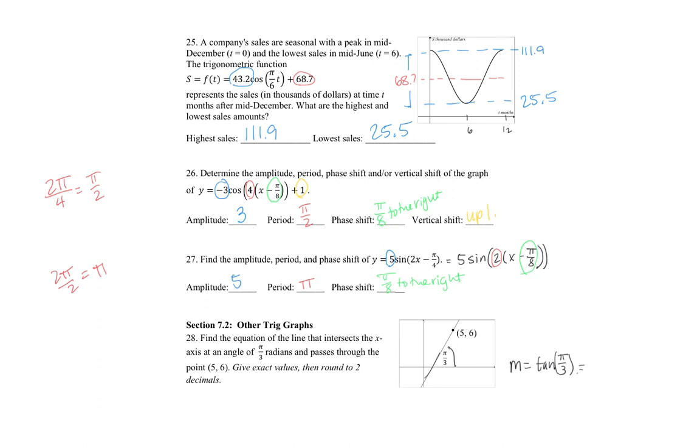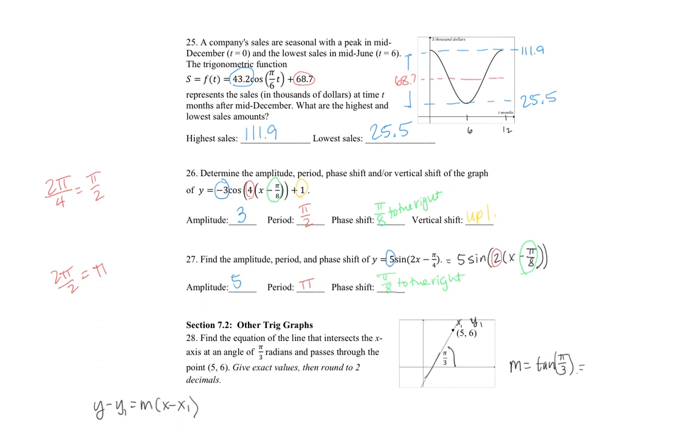And then it has to pass through the point (5, 6). Okay, and so we're going to use our point-slope form. So I'll do y minus y1 is equal to m times x minus x1. And so x1, y1 is the 5 and 6.